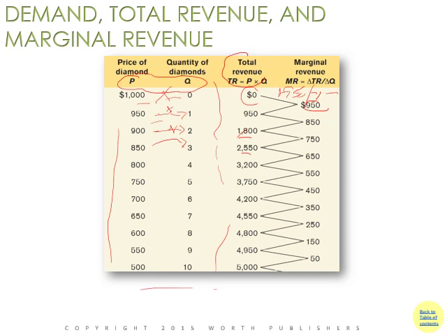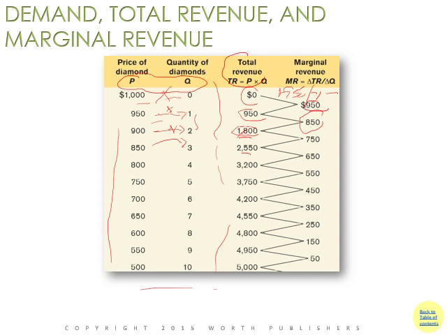Okay, now in an output range, if our output goes from 1 to 2, total revenue goes from $950 to $1,800. So the change in total revenue is $850. The change in output is 1. So $850 divided by 1 gives us a marginal revenue of $850. And we can do that throughout here.